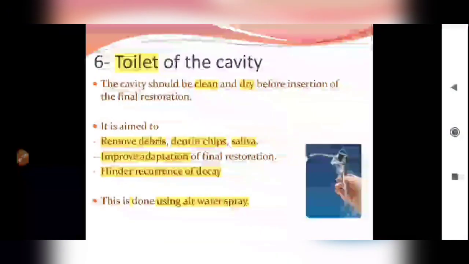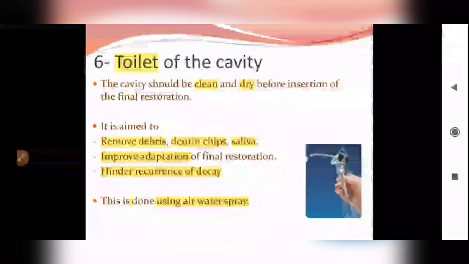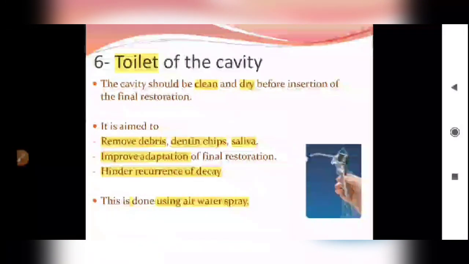And at last we have the toilet of the cavity. We have finished the cavity, with rounded edges and all of that.